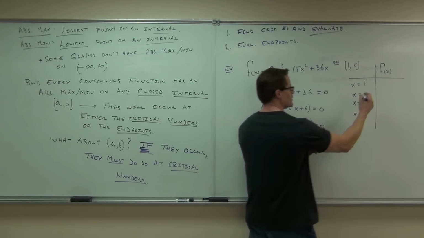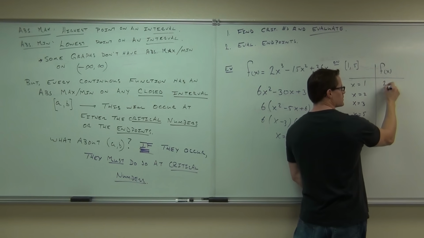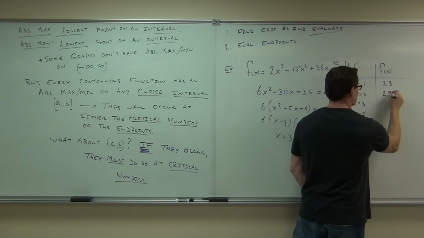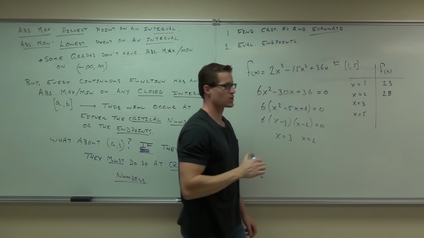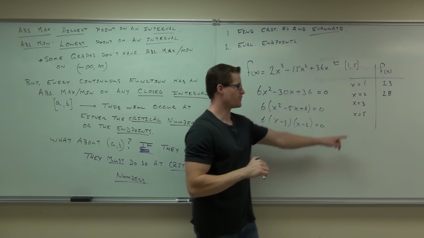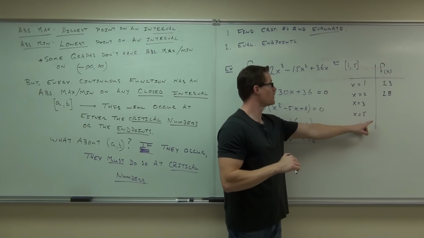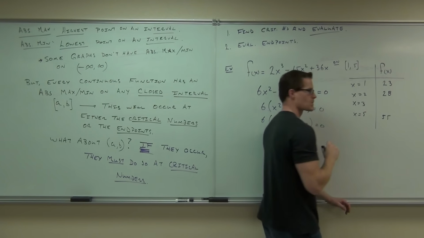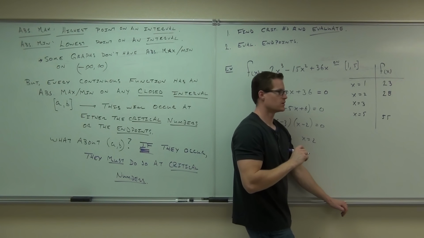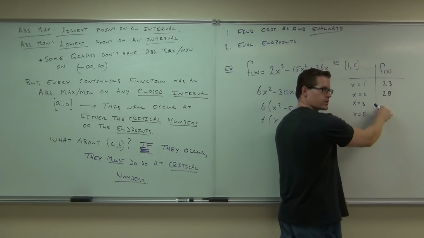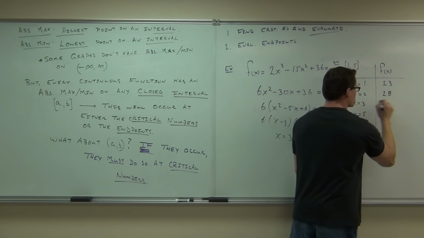This gives you a height of 23. This gives you 28. What's the 3 and the 5? I think 5 is 55. Okay, 55. And 27 for this one? Perfect. These are perfect numbers for us.